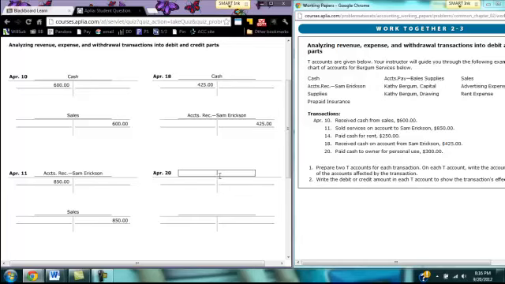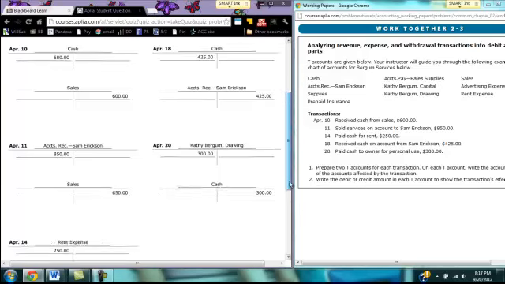So, like an expense, drawing is always recorded as a debit. So we know that Kathy Burgum Drawing gets the $300 debit. And therefore, cash is going to be credited. It was a decrease. Assets decrease on the credit side, so it's recorded as a credit.